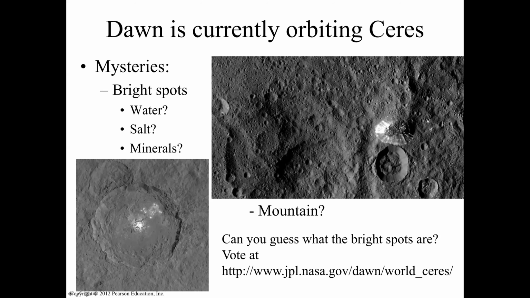If you think it's water, vote for water. We don't really know what they are because we don't have a return sample. They're working on it, to land on Ceres, remove some of those materials and bring it back to Earth. In fact, we've done it before for comets, but we have not done it for Ceres yet.